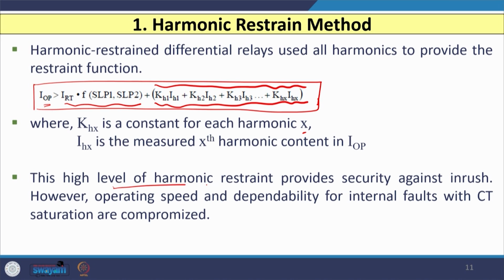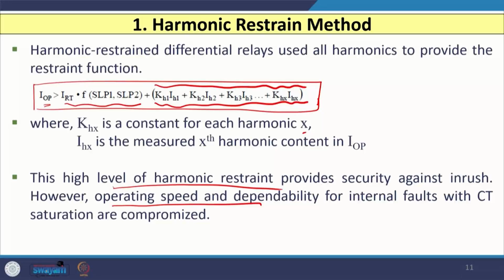So, the high level of harmonic content obviously will provide security against inrush. So, if we use harmonic restraint method, then when inrush condition is there, the relay is not going to operate. However, when we consider the two important parameters, one is the operation speed and the second is the dependability, specifically in case of internal fault, then that is compromised because of this harmonic restraint function.